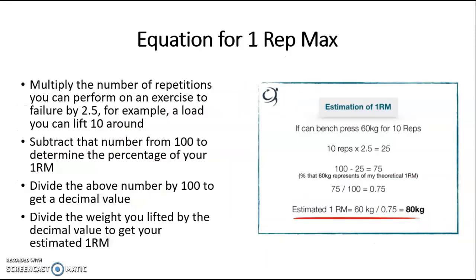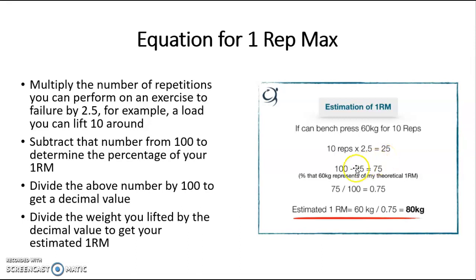That's for the bodybuilders. So when we're trying to work out 1 repetition max, there's a nice way of doing that because most people won't be able to lift their 1 repetition max. So for instance, if you're bench pressing 60 kilograms for 10 repetitions, which is not unreasonable, to failure, you times the 10 repetitions by 2.5.